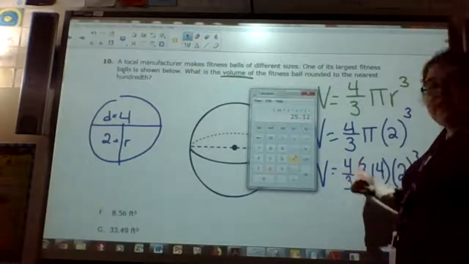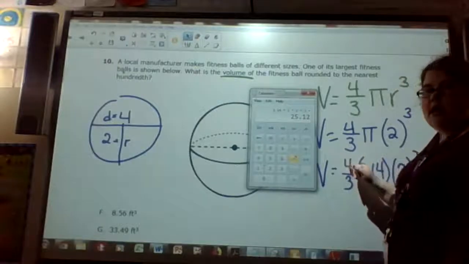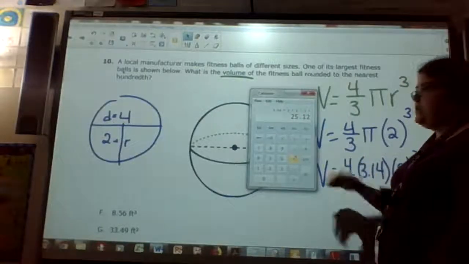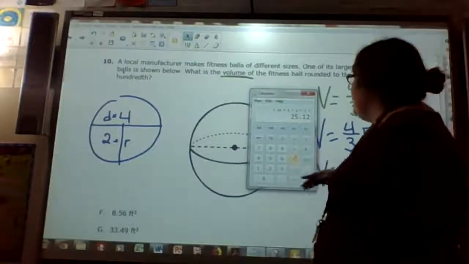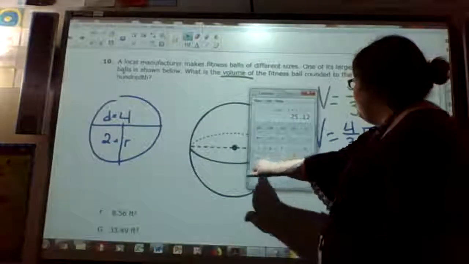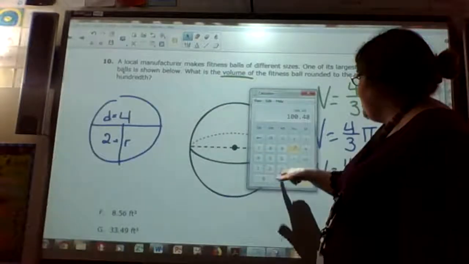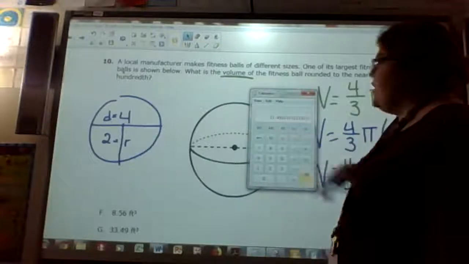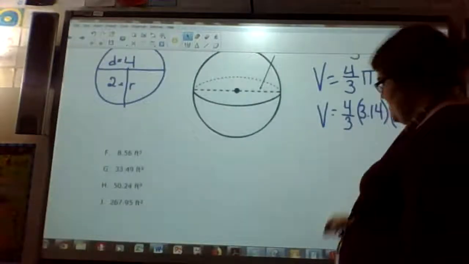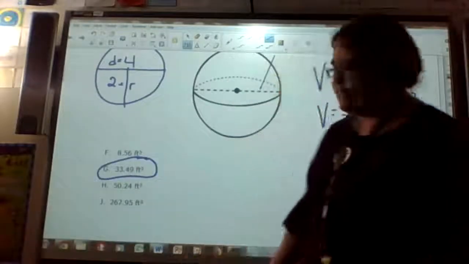But when you're multiplying by a fraction, that means I'm multiplying by 4 and at the end dividing by 3. So since I'm going to use this 2-step calculator, which most people have at home, I'm going to multiply by 4, hit enter, but then divide it by 3. And I get 33.49, which is your answer.